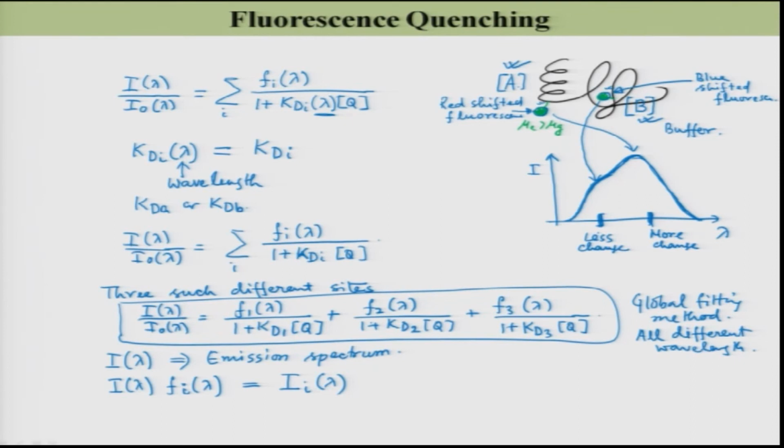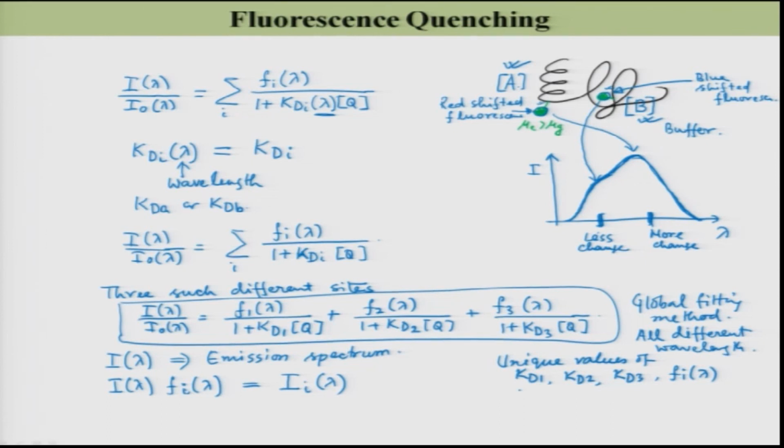So, for each wavelength, if you plot I by I0 and fit it, you will get unique values of kD1, kD2, kD3 and also all the F_i lambdas at each wavelength.